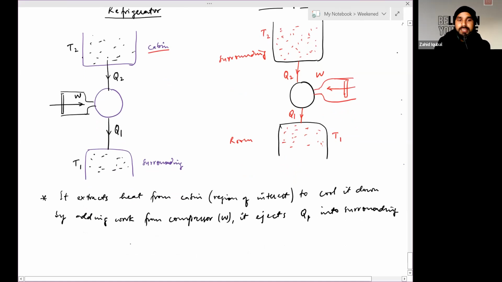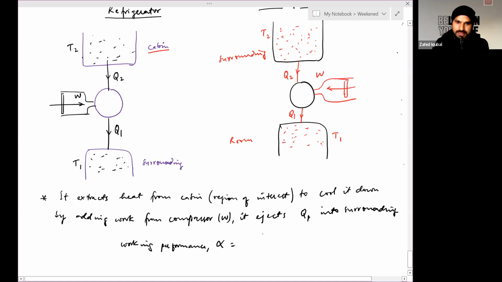So we can define its working performance, alpha. In this, how much energy are we giving to this system? You'll say work done in the form of electrical energy. And how much work is this refrigerator doing? It is the amount of heat extracted from the cabin to cool it down.